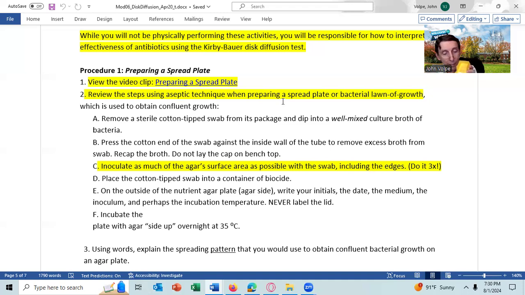You need to swab everywhere because I once had a student who simply went do, rotate, rotate, do, rotate, rotate, do. And she had huge areas of the plate which she did not swab. And so there was no bacteria in huge areas of the plate.